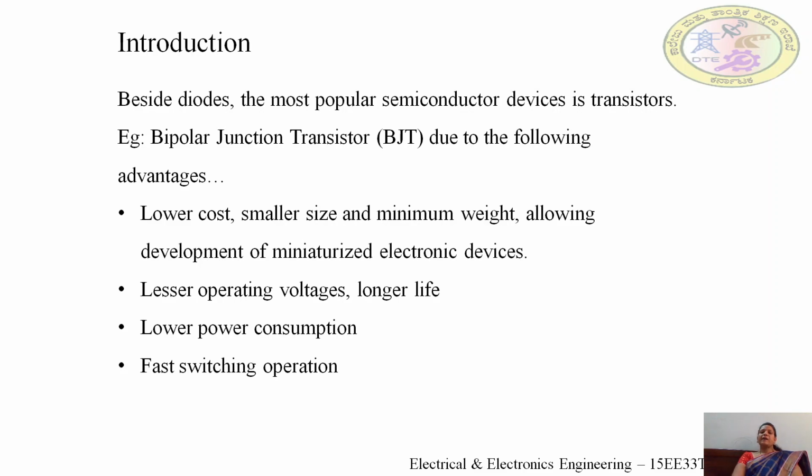These p-type and n-type materials alone are not of much use, but when these two types of materials are joined together with a suitable technique, they can be used in many applications. A simple p-n junction formed will give rise to a semiconductor device called a p-n junction diode. So basically a semiconductor device is one which has one or more junctions.